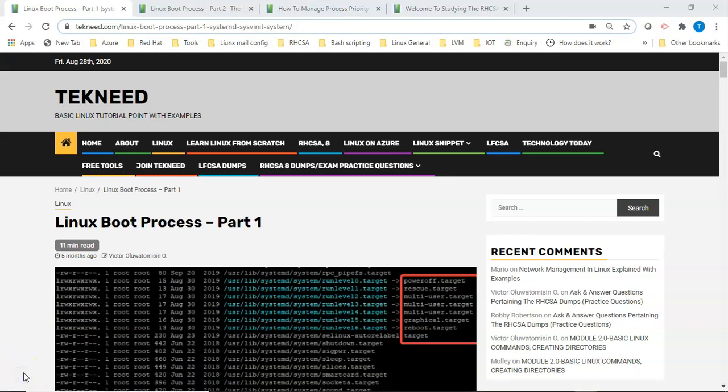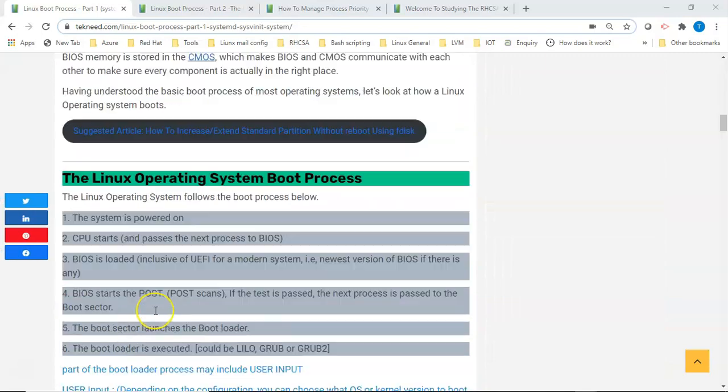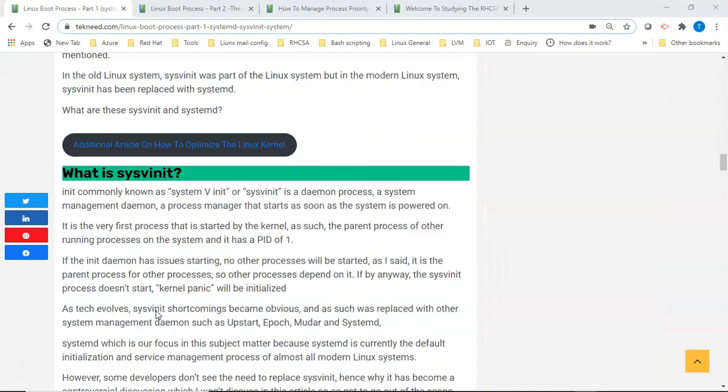The difference is that the SysV init system has different run levels from the systemd run targets because they are different programs altogether. When you're using run levels, it mostly comes with SysV init, and run targets mostly come with the systemd system.